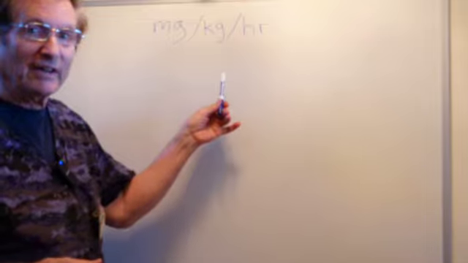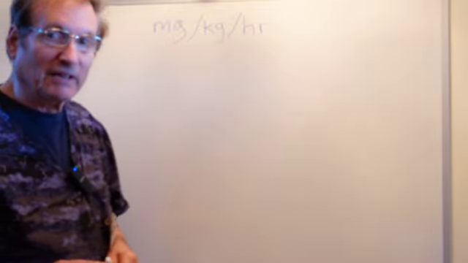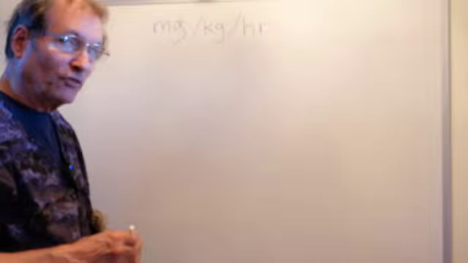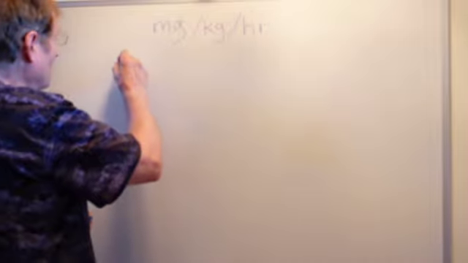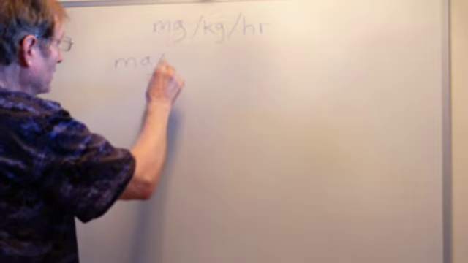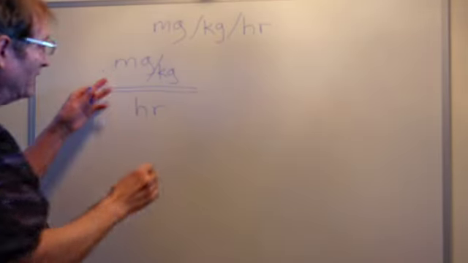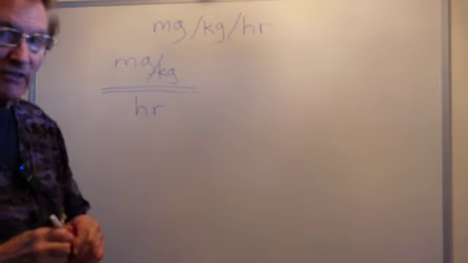This is text. You have to convert this to math or the units aren't going to make any sense. So what the doctor's asked for is mgs per kg every hour. Write it like this and then the units will make sense.